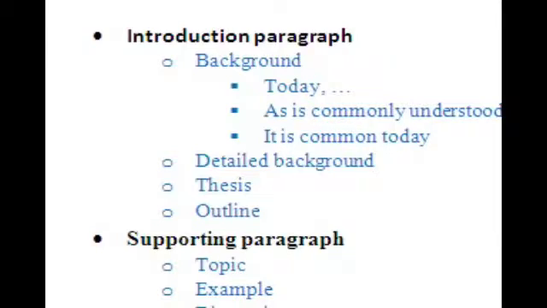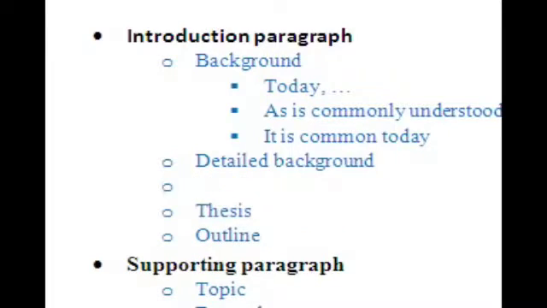Now the detailed background sentence takes the broad information that we've brought up in the background sentence and it narrows it. So we're starting to pinpoint what our thesis is going to be. So some ways to begin your detailed background sentences could be, "this can be seen." So firstly, if we started with a sentence, today such and such is happening and it's happening all over the world. This can be seen mostly in, and then wherever you're talking about, Shanghai, Dubai, whatever.